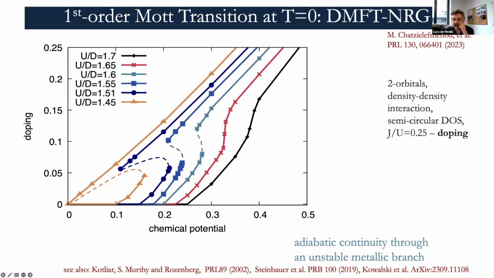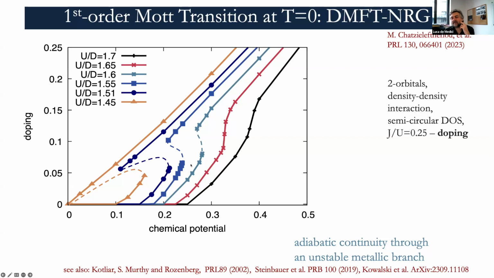So there is an instability, which is characterized by diverging compressibility at these two spinodal points, which delimit the unstable branch. And so you have divergent compressibility, which is the derivative of the density with respect to the chemical potential, which then persists also beyond the closure of this zone.